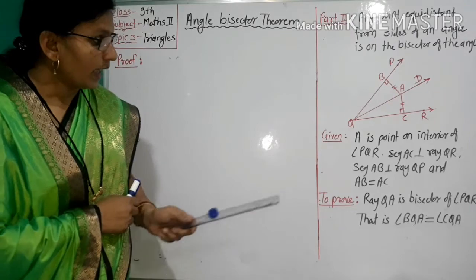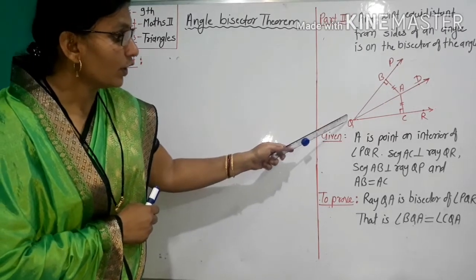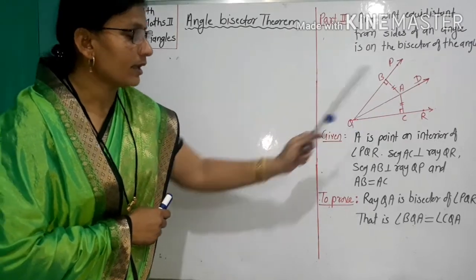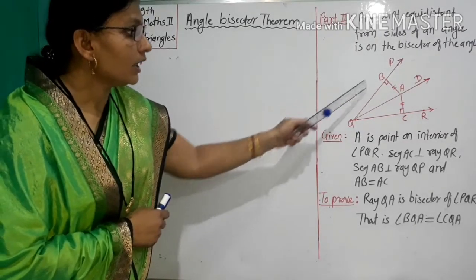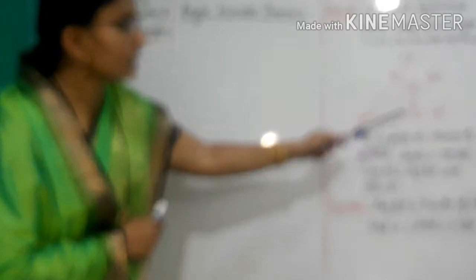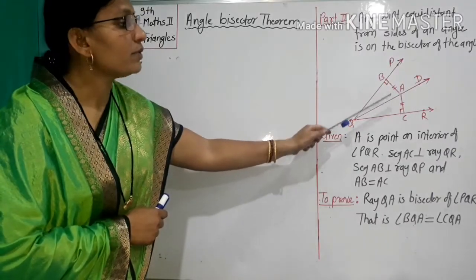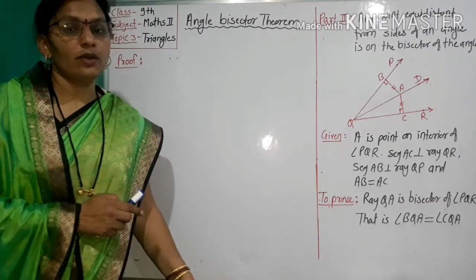Here we have to prove that ray QA is the bisector of angle PQR, meaning angle BQA is congruent to angle CQA. Two triangles are also formed. First, we show that these two triangles are congruent.